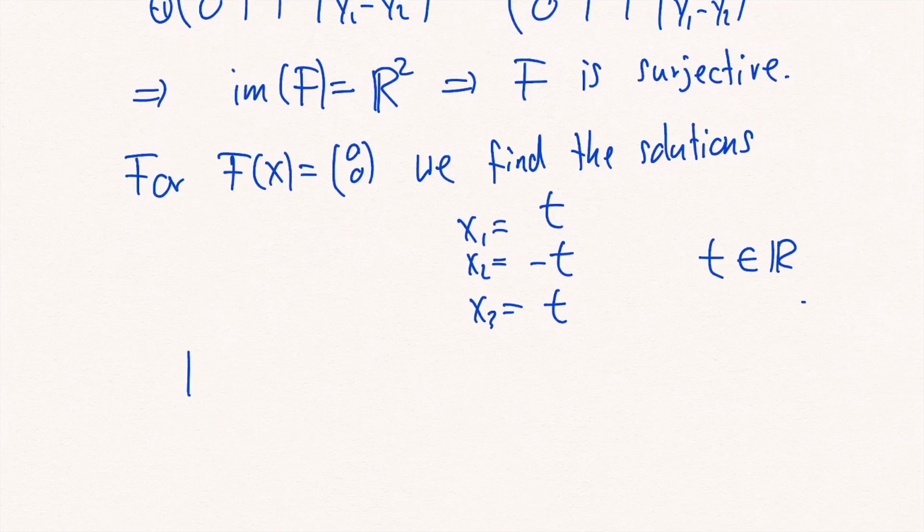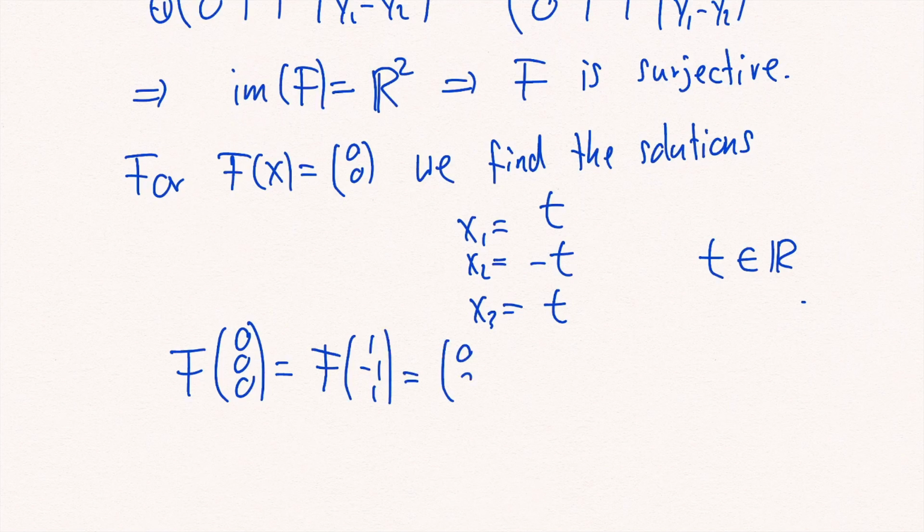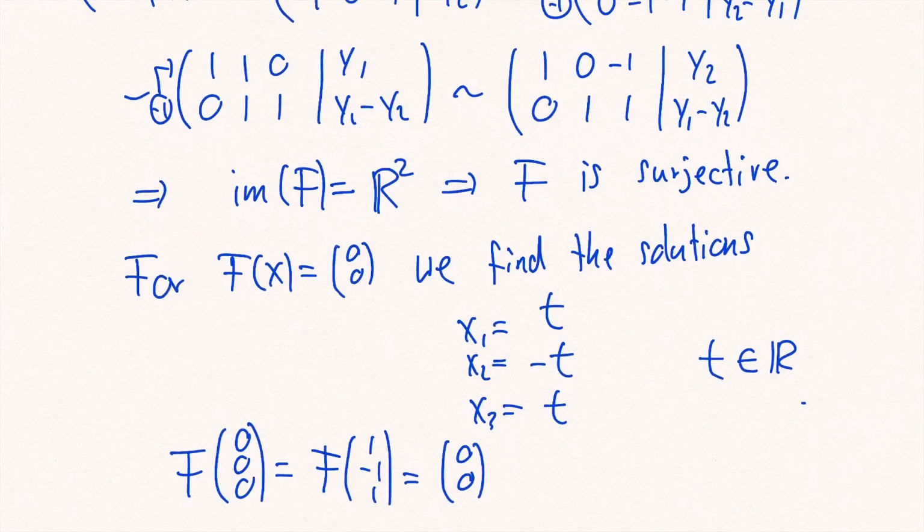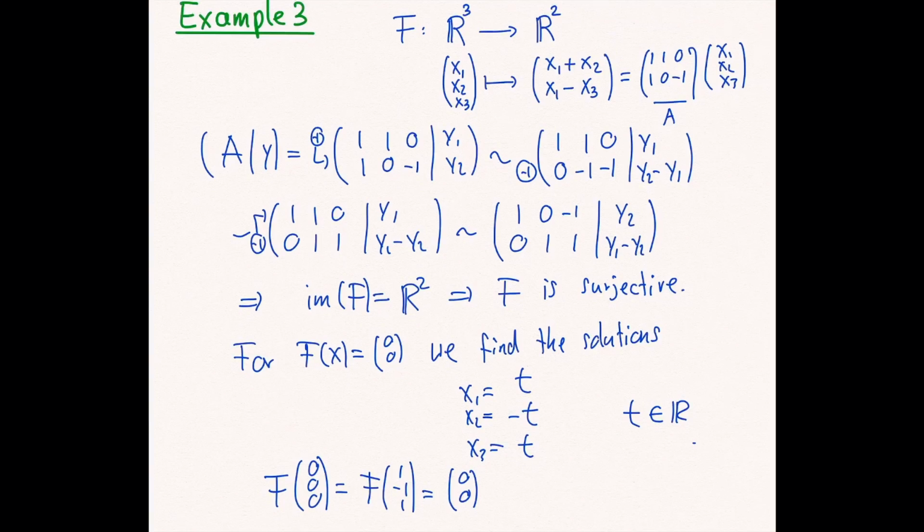So in particular, I can again choose t to be 0, but I can also choose t again to be 1, and both of them give the vector 0, 0. Yeah, so you can also check this with the original definition here of the linear map. If I choose the x to be all 0, then of course this gives 0, 0.